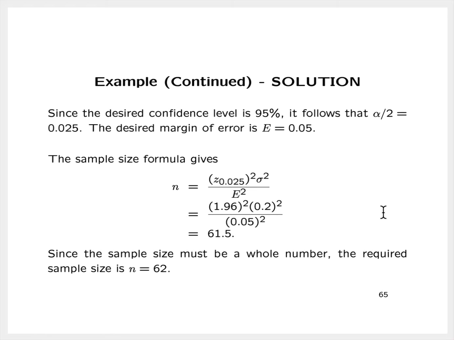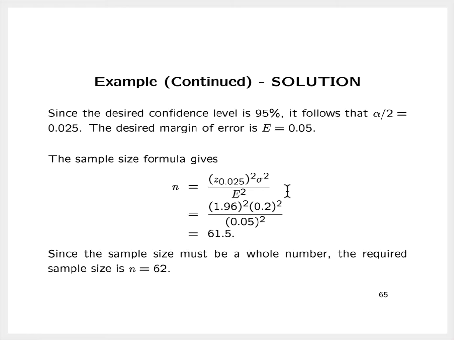And so since the desired confidence level is 95%, it follows that alpha over 2 is 0.025. And also the desired margin of error is E equal to 0.05. And so our sample size formula gives us this expression, okay? And so we know that our z value for a 95% confidence interval is 1.96, and we have to be sure to square that.